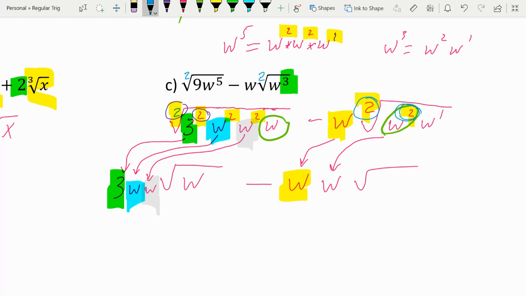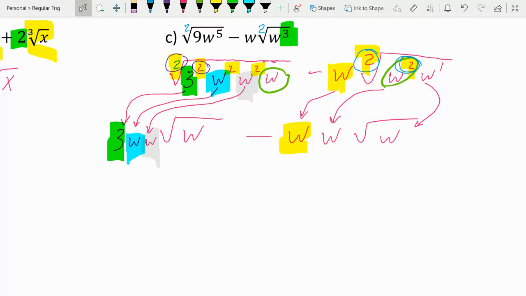So it gets dragged outside. Now this w here, let me stay consistent with the colors, guys. Sorry. This w there stays underneath because it only had an exponent of 1. There wasn't enough with the exponents to yank it out.